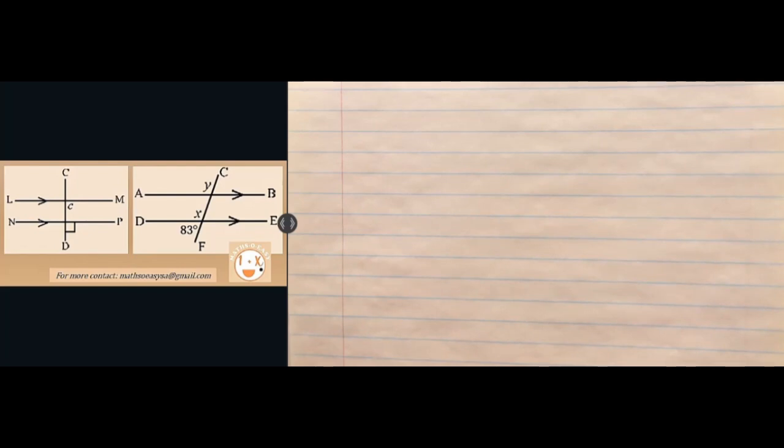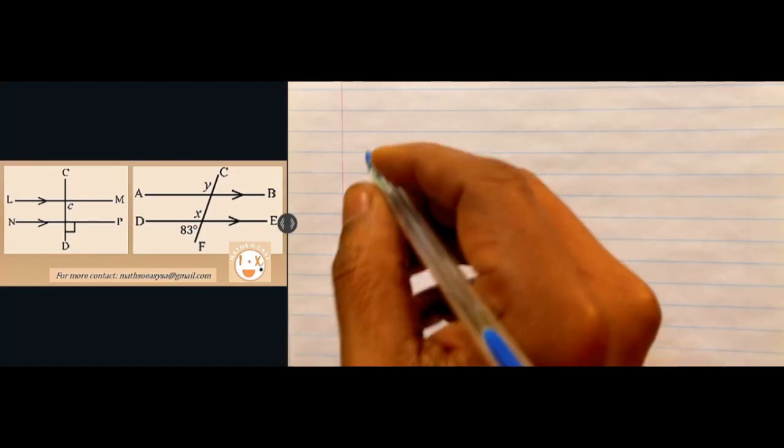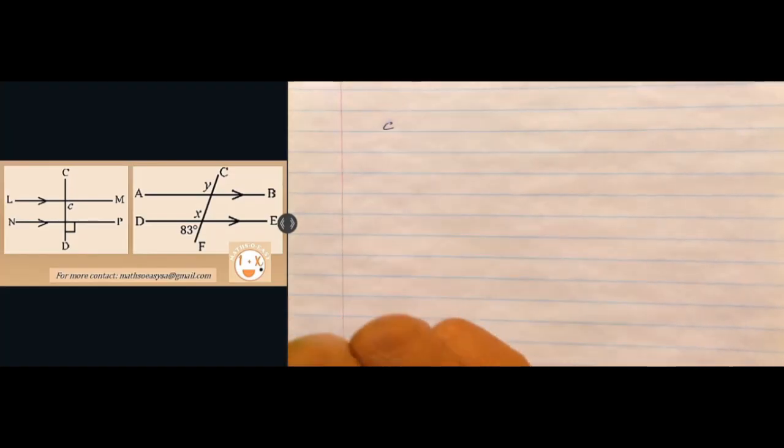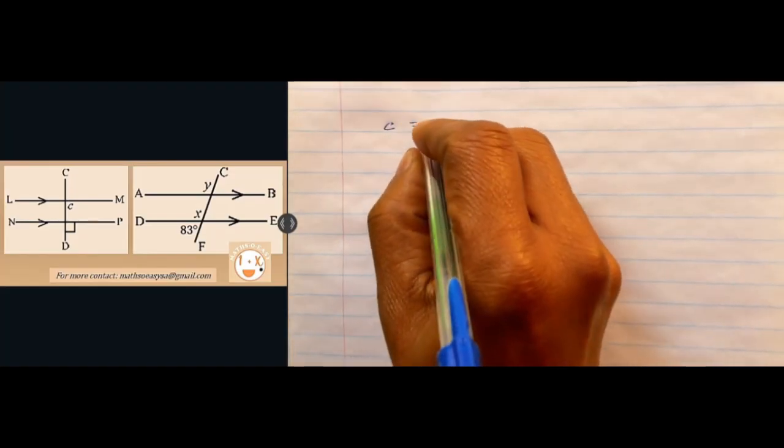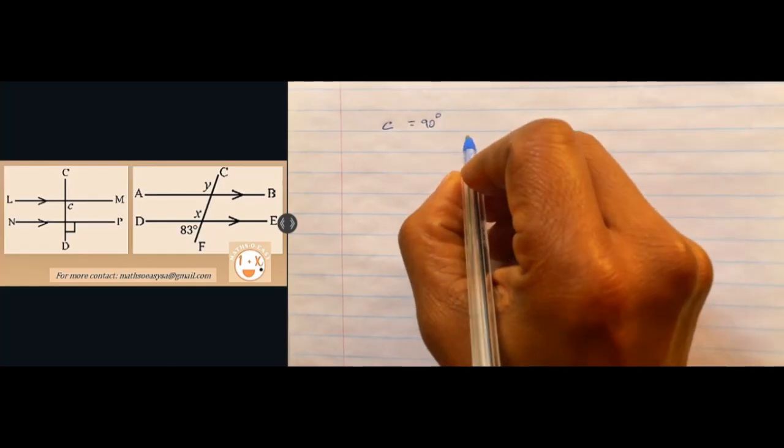So here, what are we having now? Here, we are being tested. So what is our C? Our C is equal to 90 degrees. That's all they wanted to see, that you recognize this symbol here at the corner, bottom, parallel line, bottom of NP.